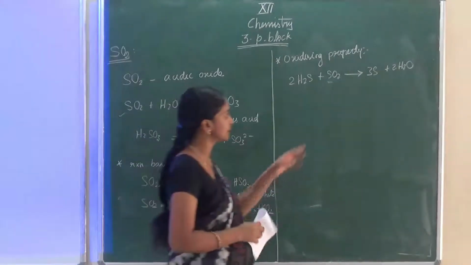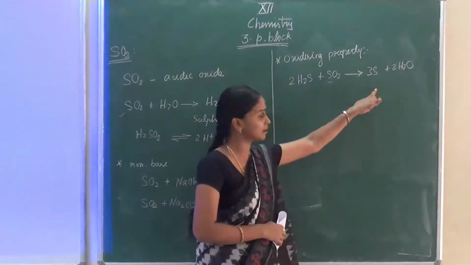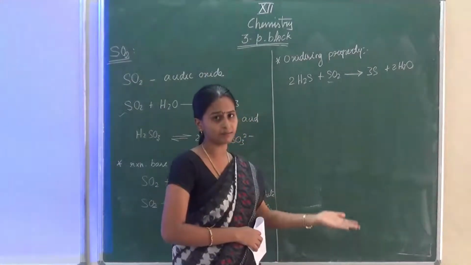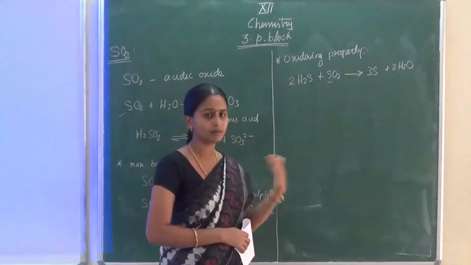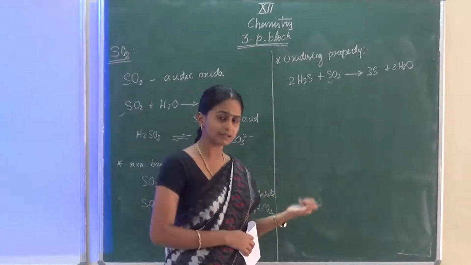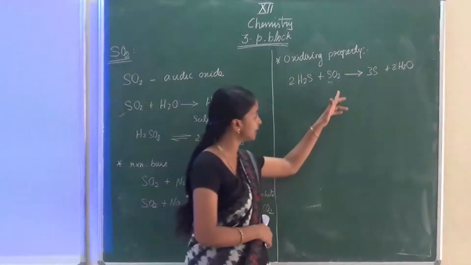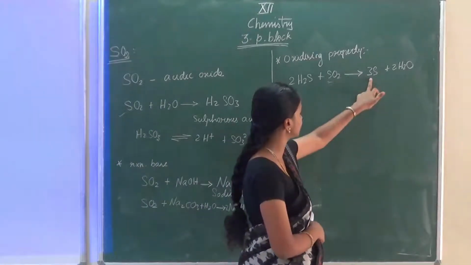SO2 has oxygen, but here oxygen is not there. That means loss, removal of oxygen. Removal of oxygen is what? Reduction process. Addition of oxygen, oxidation. Removal of oxygen, reduction.